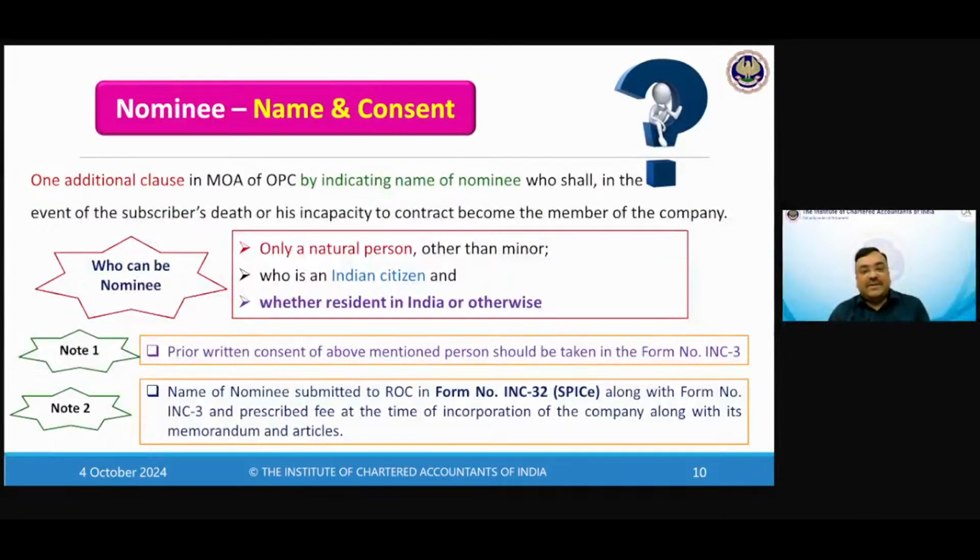If we want that a Mr. X should come in our place as nominee in our company, before that you should ask whether he wants to become one or not. So prior consent of the nominee should be taken in form number INC-3. So the INC-3 form is the consent of the nominee to work as a nominee in the OPC. The name of the nominee is submitted to the ROC in form number SPICe 32 along with form INC-3, which is the consent of the nominee, and with prescribed fees at the time of incorporation along with the MOA and AOA.